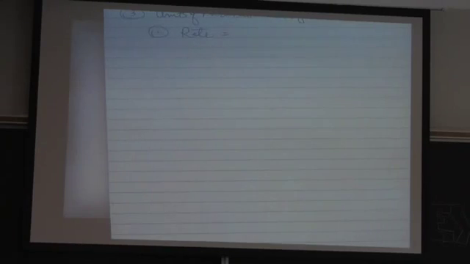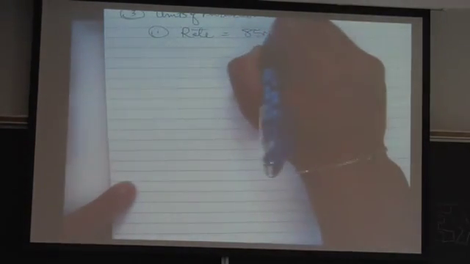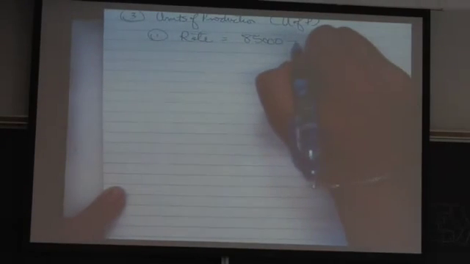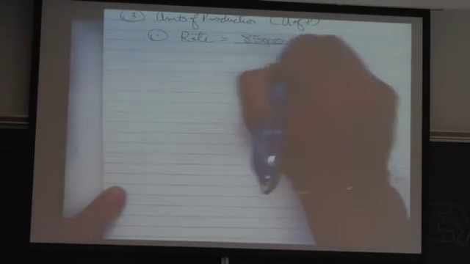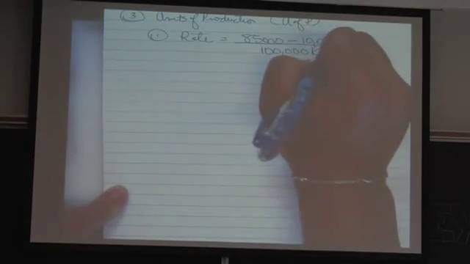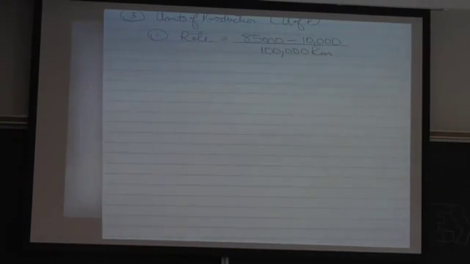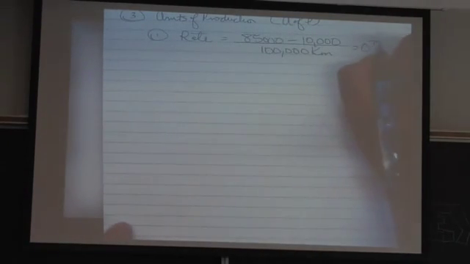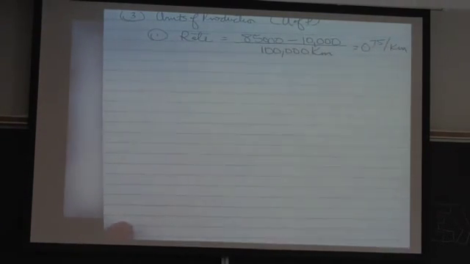The rate is, we take the 85,000 cost, subtract the residual value of 10,000, divided by the 100,000 kilometers that we plan to drive. We're told it's going to be 100,000 kilometers in total, so if you add all of these, you get to the 100,000. That gives us a rate of 75 cents per kilometer of use. That's going to be our depreciation rate.